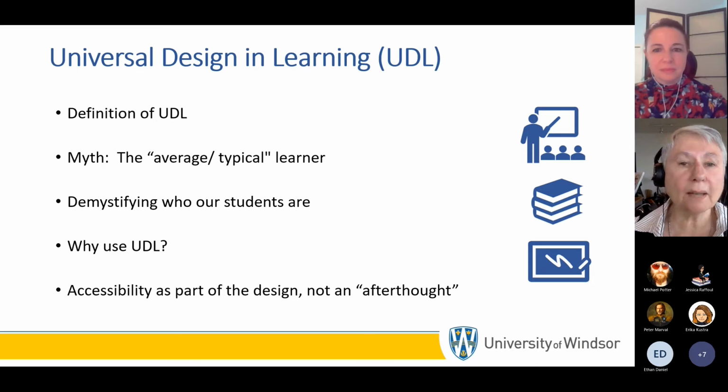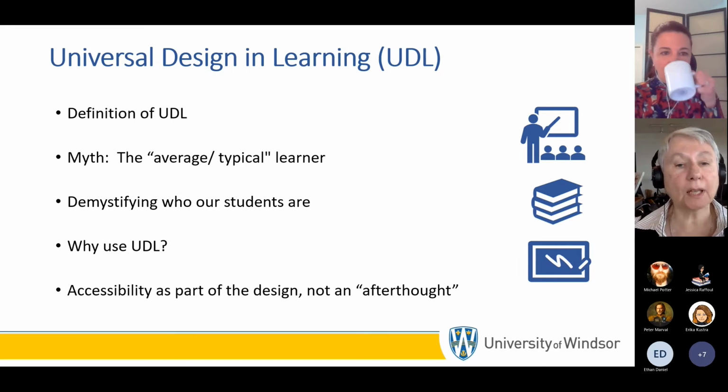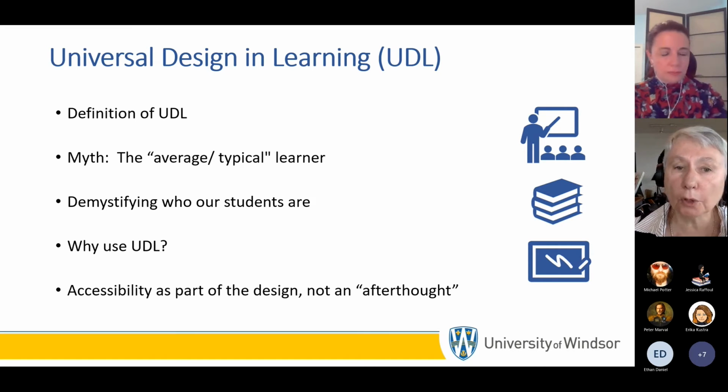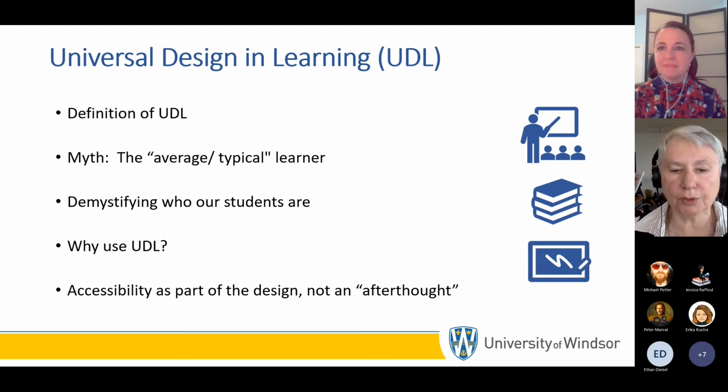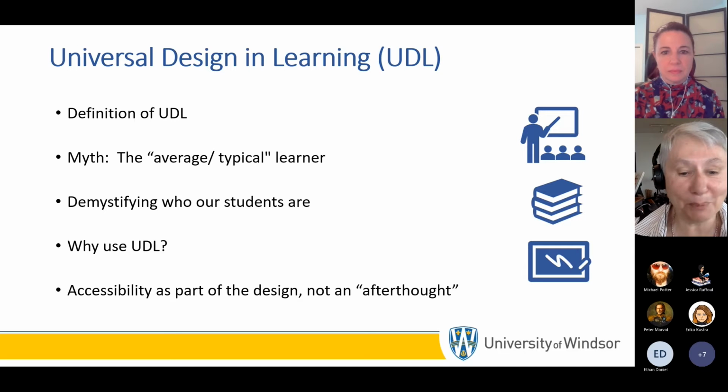Okay, so I'm going to talk a little bit about universal design from multiple points of view. So universal design has its roots in architecture. And as an architect, that's where I first heard this concept of universal design. As many of you have witnessed, schools and public buildings are often retrofitted with ramps or other architectural features after the building is built.